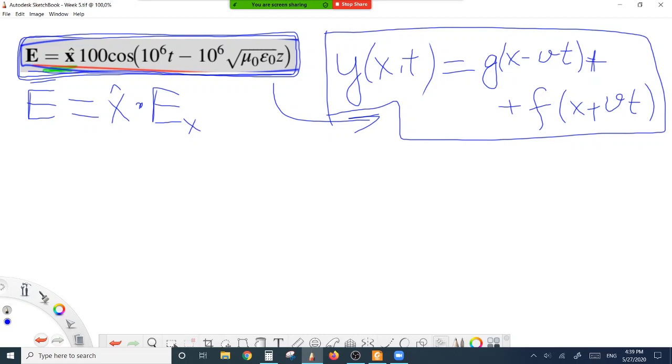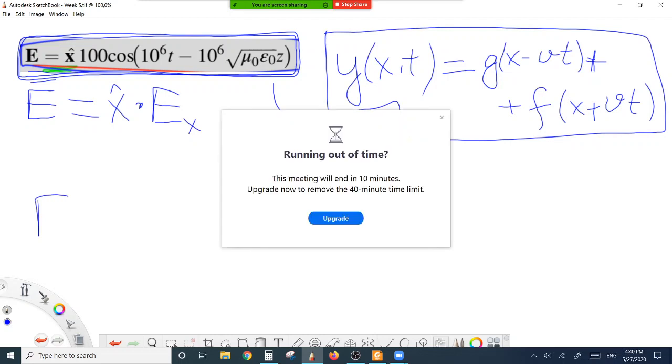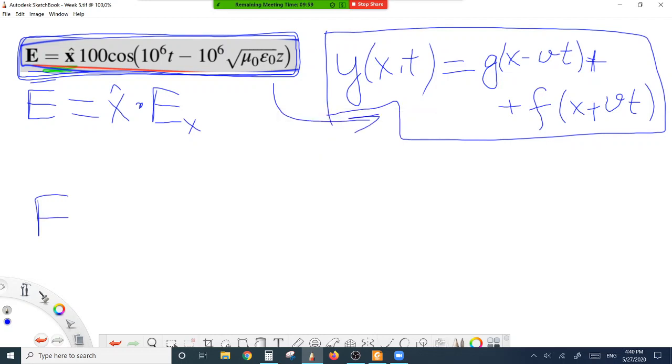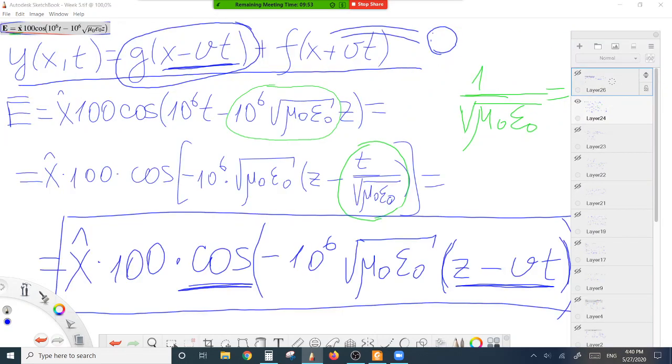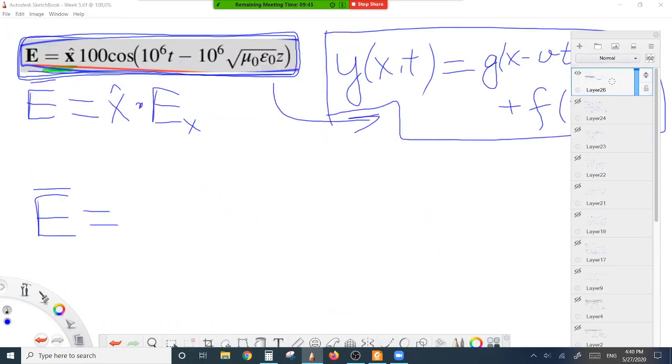In this case, the direction of propagation is in the z direction. So we have written on the previous page that the electric field was equal to x multiplied by 100 cosine.